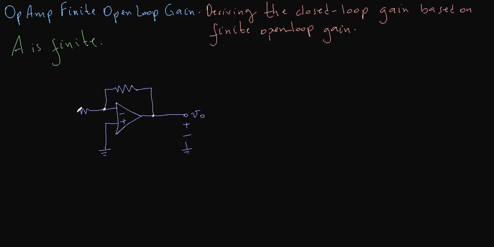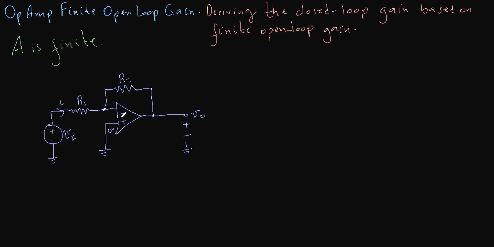So then we take another resistor here and we feed this by a voltage source. Let's call this voltage source VI. Let's call this resistor R1, this is R2, and there's a current I flowing here. Now this is at 0 volts.